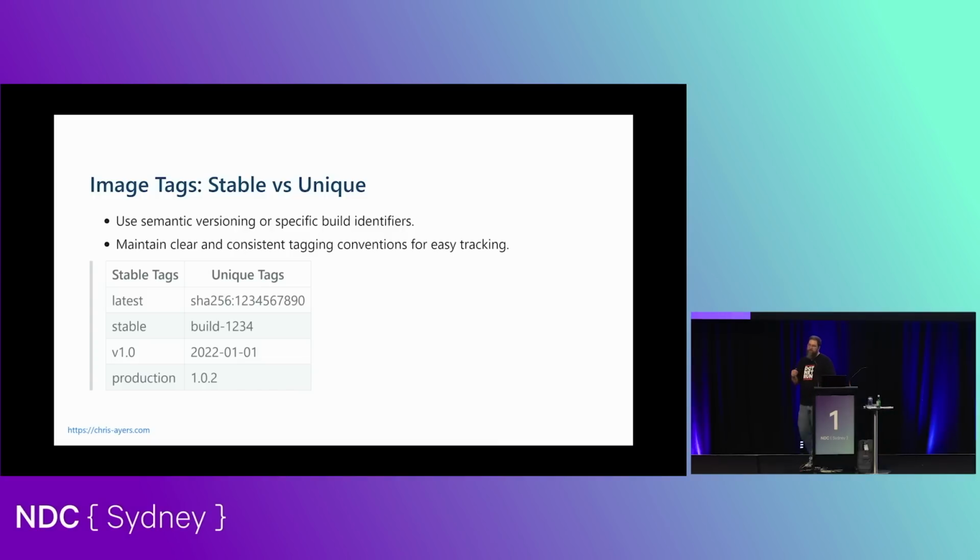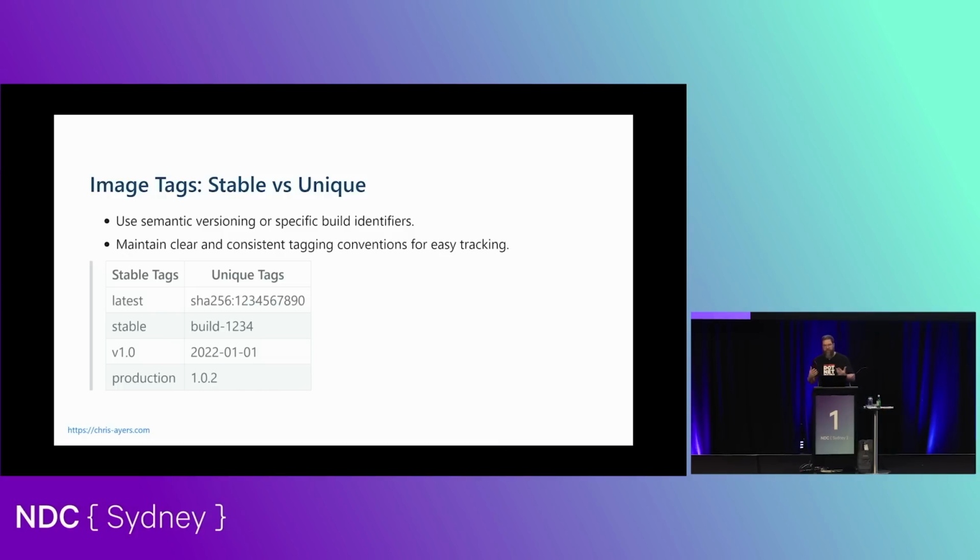Another thing about images is you can tag them, which is like versioning. And you might hear people call them stable and unstable tags, or stable and unique tags. There's actually some security implications for both of these, especially if you're scaling to lots of images. And I'm going to show you as we get into it.